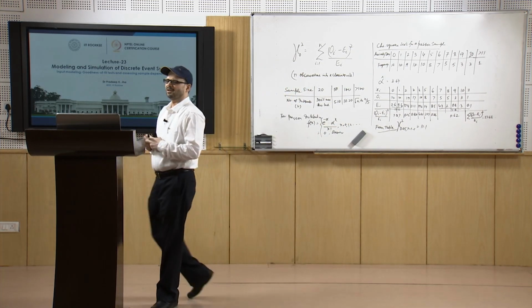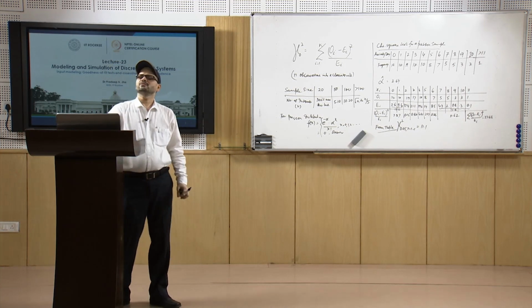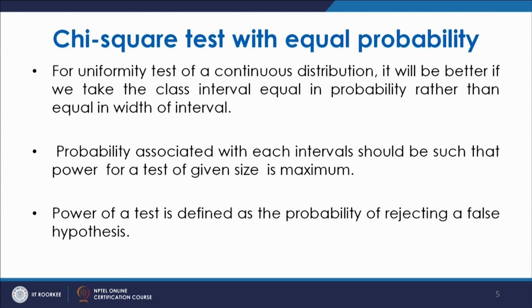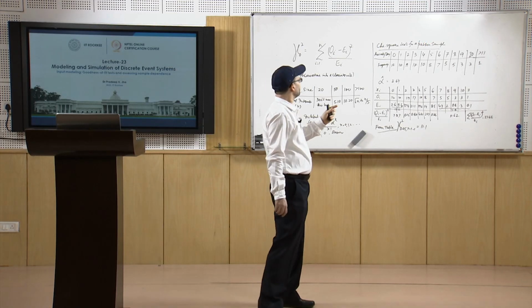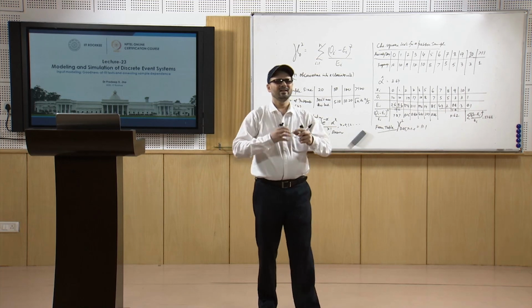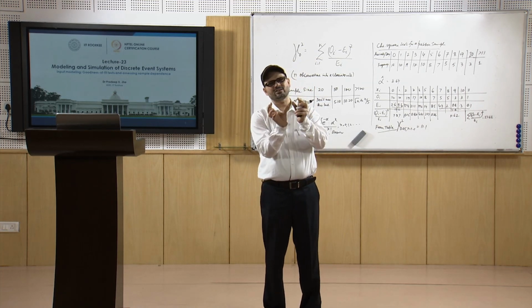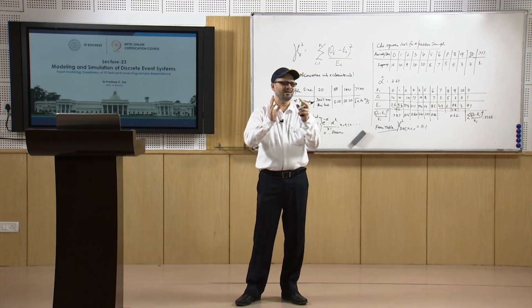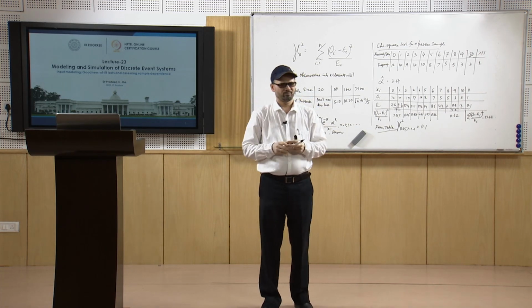That is why, for the test of a continuous distribution, it will be better if we take the class intervals equal in probability rather than equal in width. So, we take equal in width, whereas we should take equal in probability. So, we should take those intervals which are expected to have the equal probability.